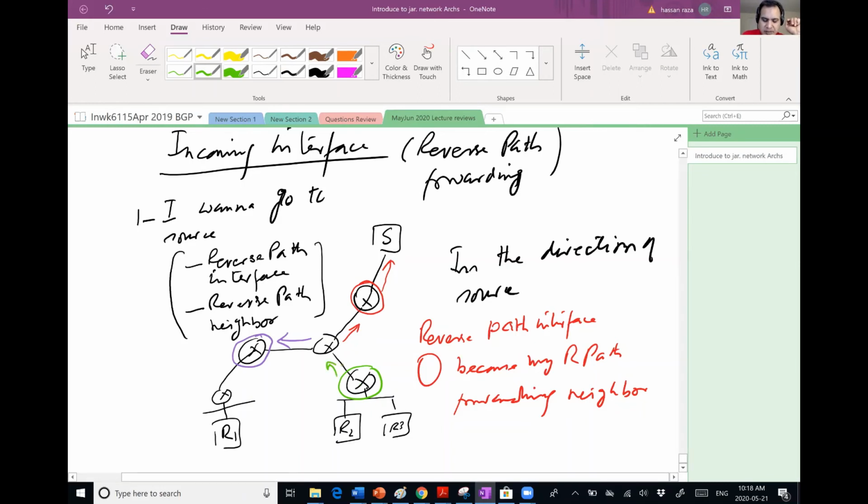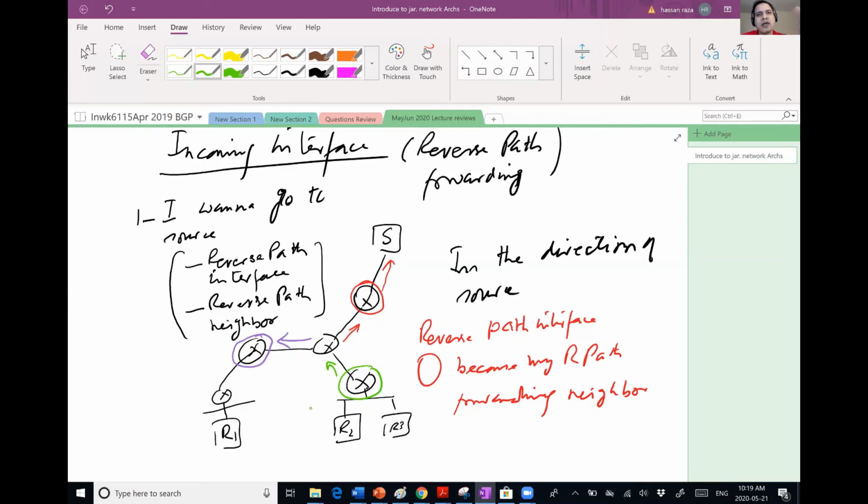So this interface will be my reverse path forwarding interface, and this neighbor, this black one, would be my reverse path forwarding neighbor. Whichever interface connects me to a device towards source would be my reverse path interface, and wherever it connects me would be my neighbor. If everybody does this, you can reach the source.